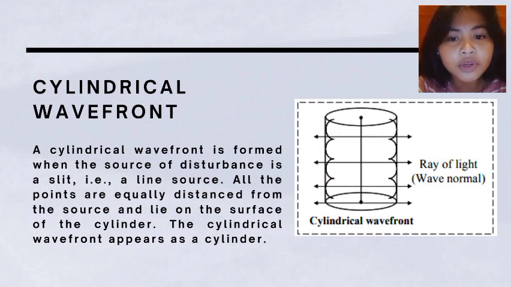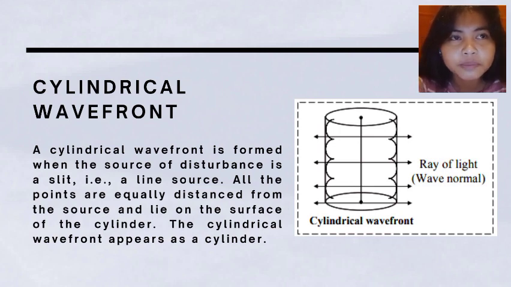An example is when rays of light fall on a lens and, after coming out of the lens, converge at a point. The waves are bending and converging at the point, so the shape of the wavefront is in the form of a cylinder. So that is for the cylindrical wavefront. You can refer to the image given.